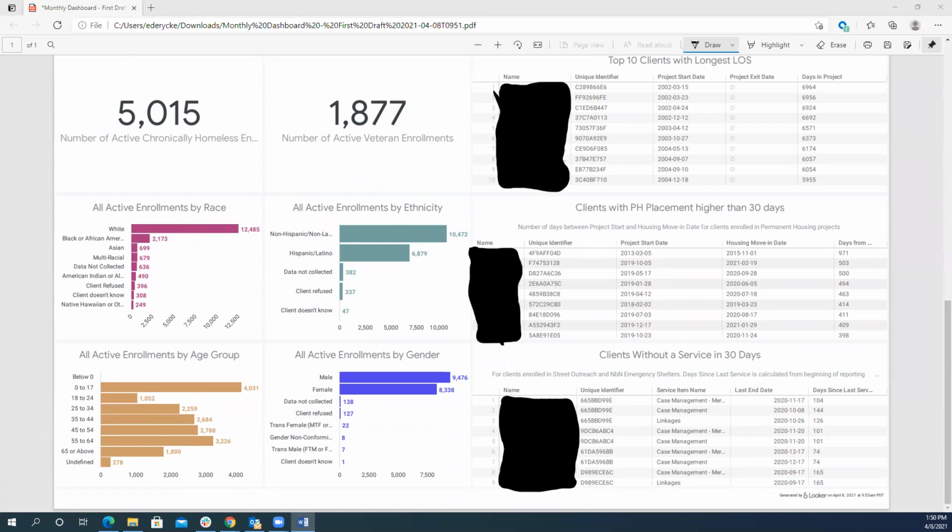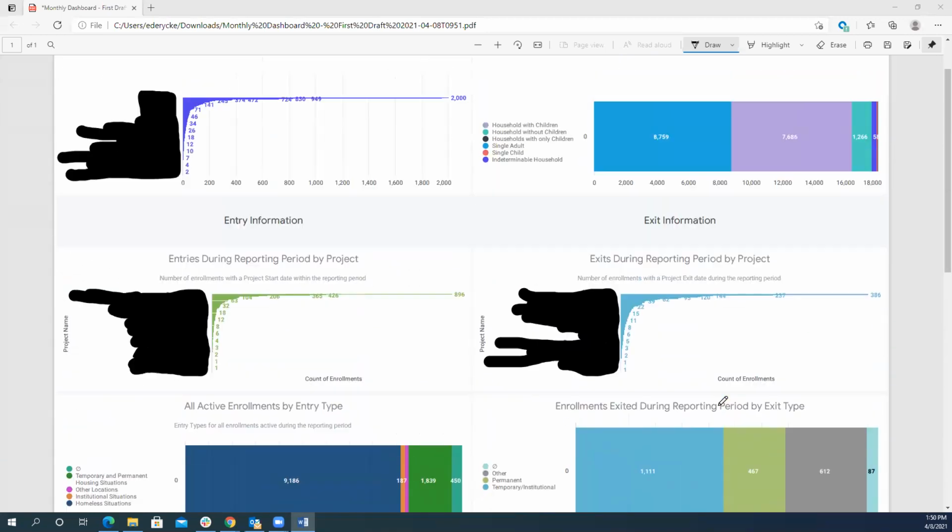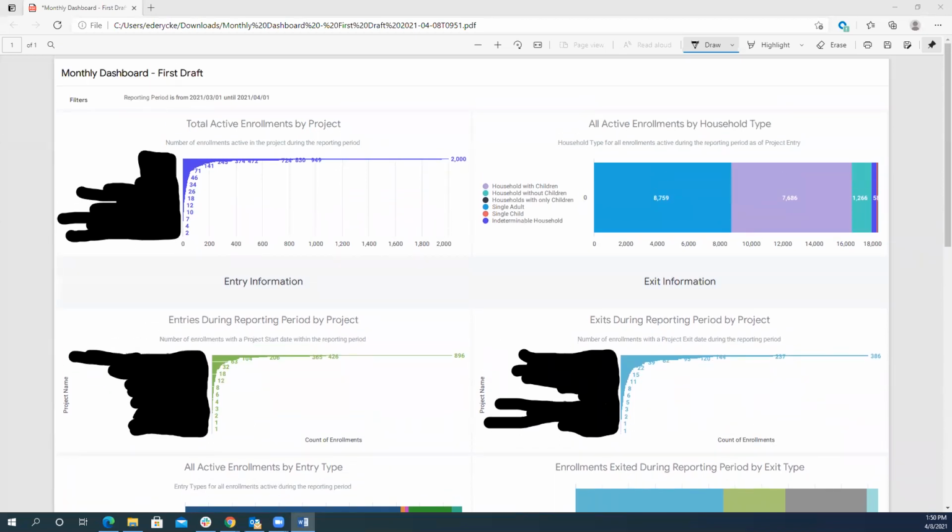I'm not sure if this would be helpful, but maybe duplicate enrollments. I don't know how common that is for other people, but sometimes we will see that in some of our projects just because there are multiple people entering information, agencies that, for example, a family could be enrolled twice in the coordinated entry system, and ideally that wouldn't happen, but sometimes it does.